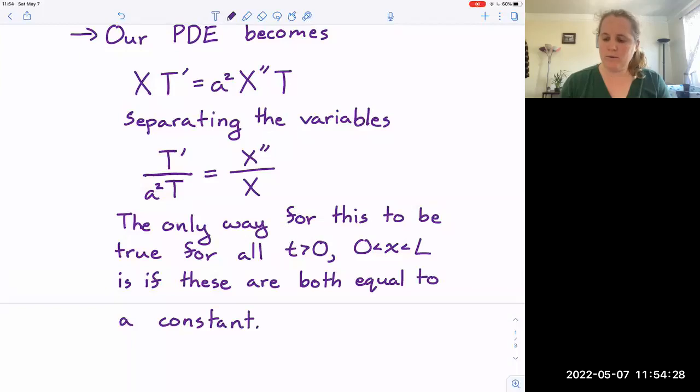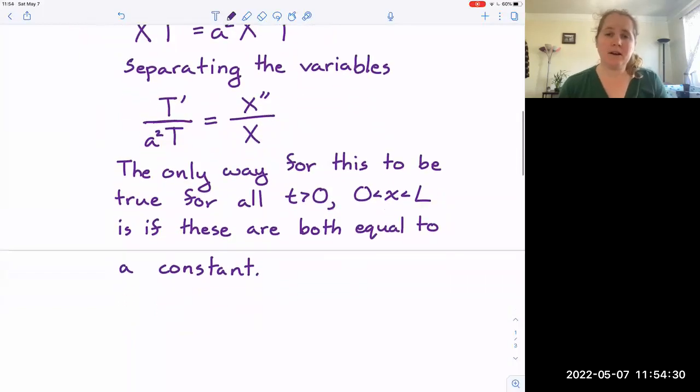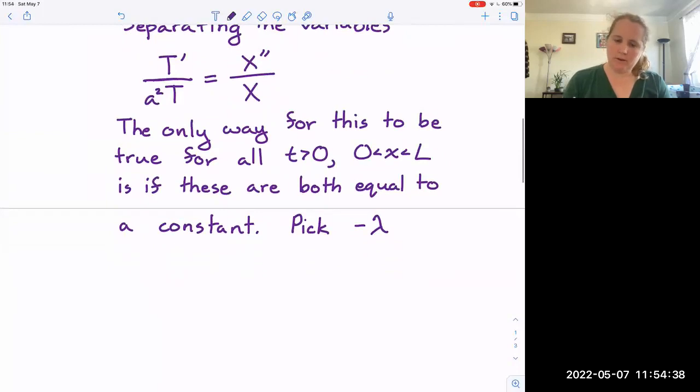And so we will pick the rather convenient constant of negative lambda. So we are dealing with T prime over a squared T is equal to X double prime over X is equal to negative lambda.